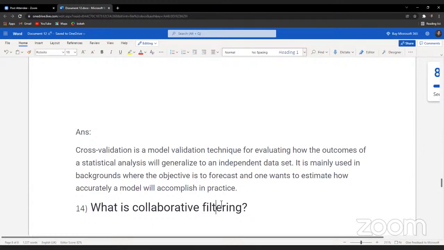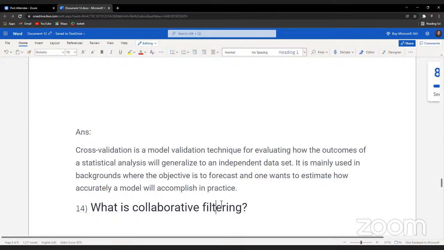It is mainly used in backgrounds where the objective is forecast and one wants to estimate how accurately a model will perform in practice, which means suppose we want to test the data, firstly we'll make some predictions. After getting the output, we'll compare with the predictions and estimate how the accuracy is, right? So this is how the cross validation process will be done.